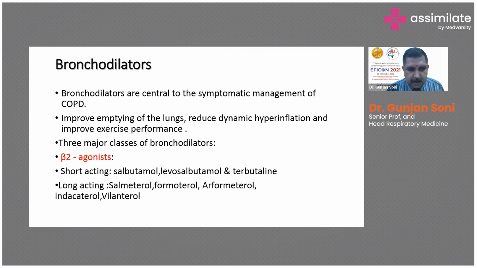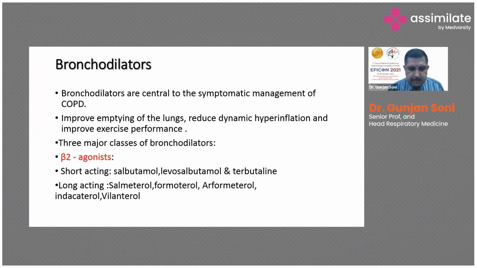3 major classes of bronchodilators are there: beta-2 agonists, a short-acting salbutamol or levosalbutamol or terbutaline, long-acting such as salmeterol, formoterol, and the vilanterol. These are the long-acting beta-2 agonists.